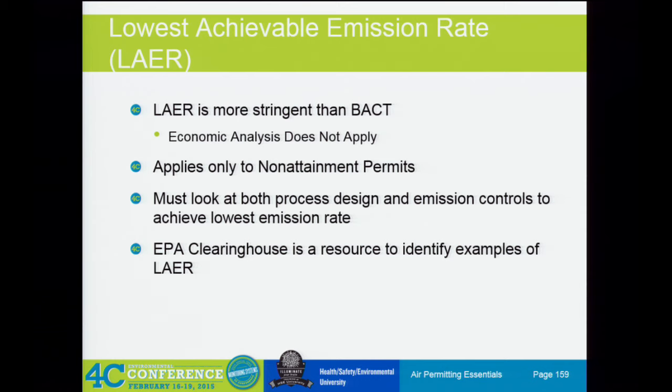So I've heard a couple different situations. One is that, well, the first thing is that if it's been implemented anywhere in the world, and so a plant somewhere off in Asia has some control technology that reduced emissions, you have to implement that control technology.